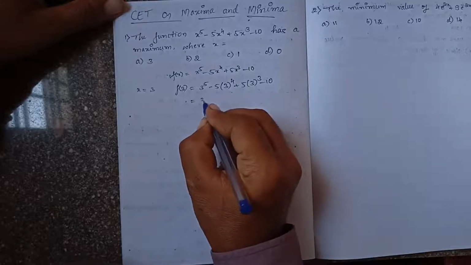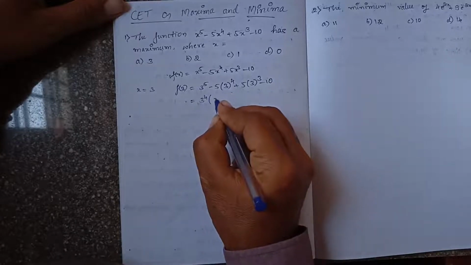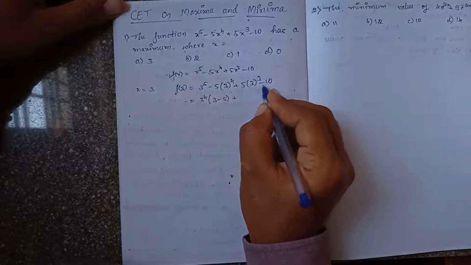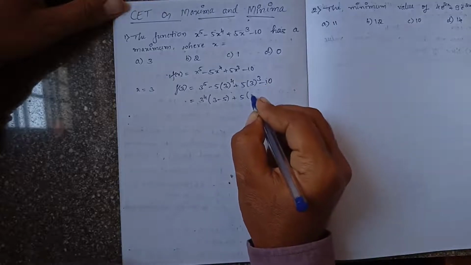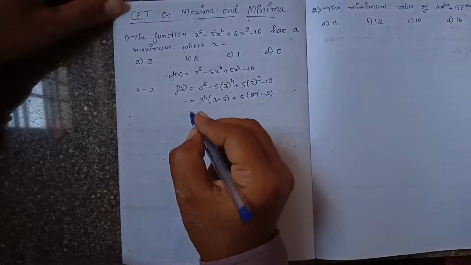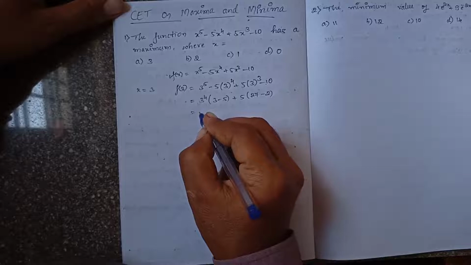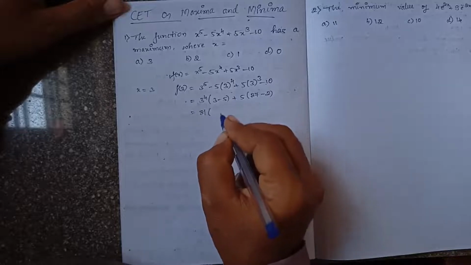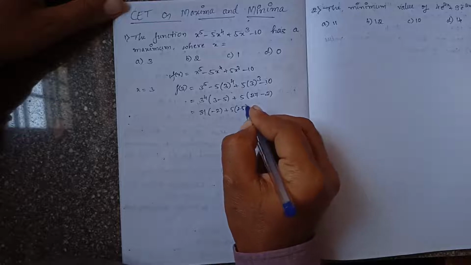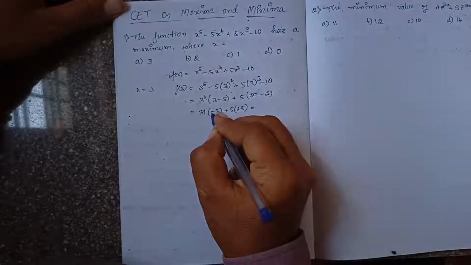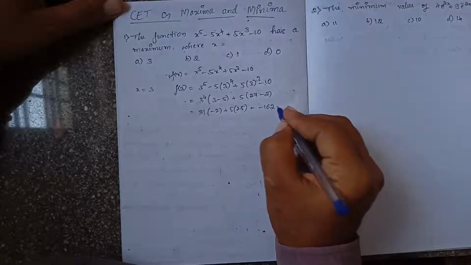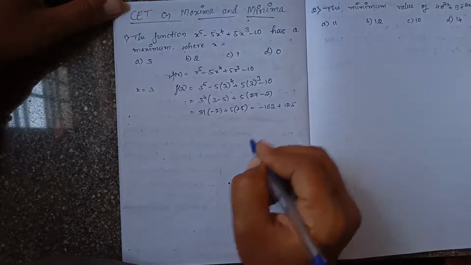From the first two, 3 raised to 4 is common, so 3 to the 4, that is 81, into (3 minus 5), and from the other two, 5 is common: 5 into 27 minus 2. So 3 minus 5 is minus 2, giving 81 into minus 2, which is minus 162, plus 5 into 25, which is 125.